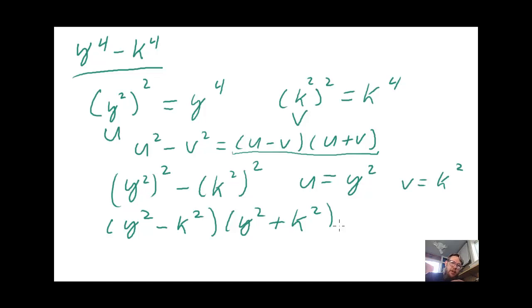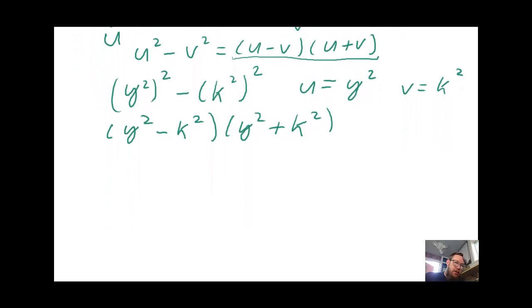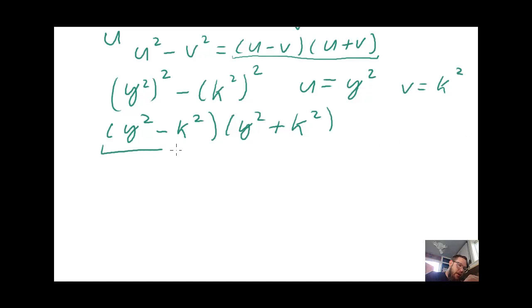And immediately something comes to my eye, and that's the fact that we have another difference of squares. We again have y squared minus k squared. So I'm not sure about this side over here, but we can definitely use our difference of squares formula again on this side.